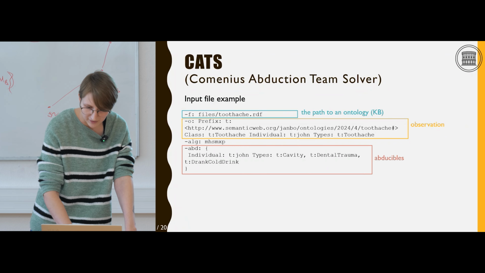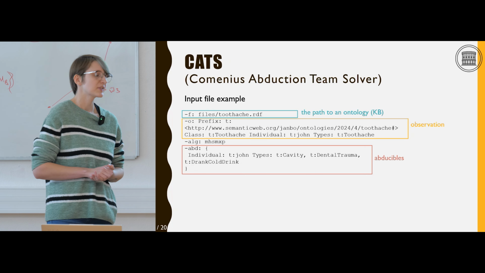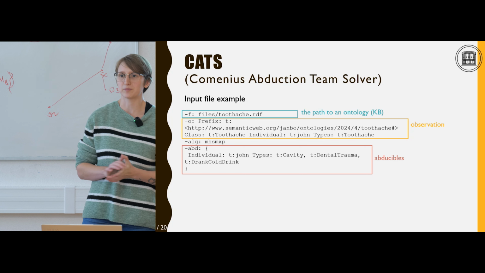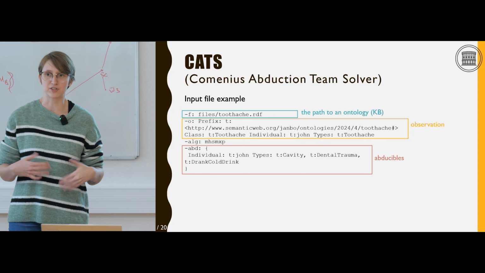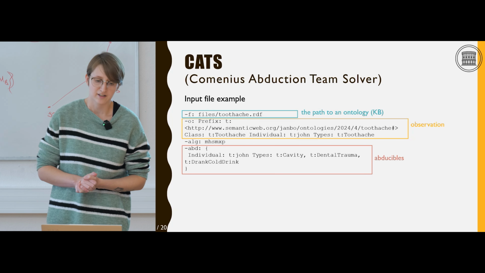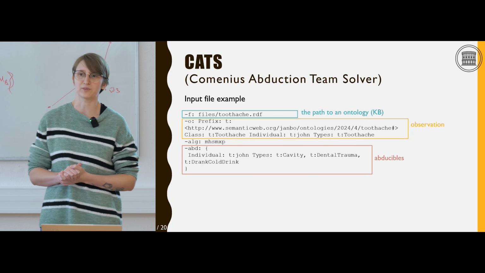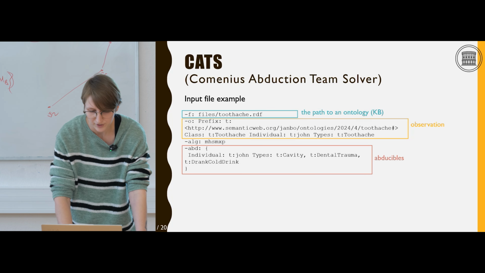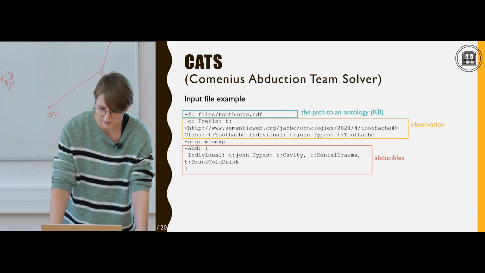And the last part here are the abducibles. So when we can, it is always good to introduce abducibles to reduce the search space as much as possible. So in this case, we kind of assume that John does not have sensitive teeth, so we just did not include it in the abducibles.